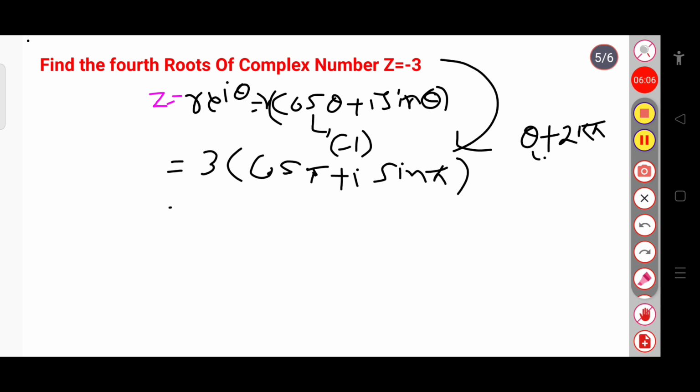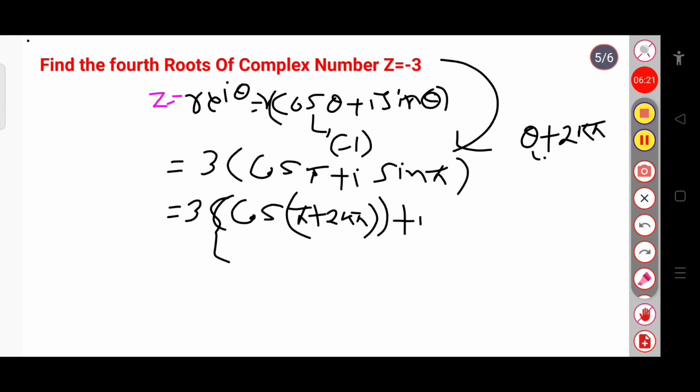So I can write this as 3 into cos pi plus 2k pi plus i sin pi plus 2k pi.